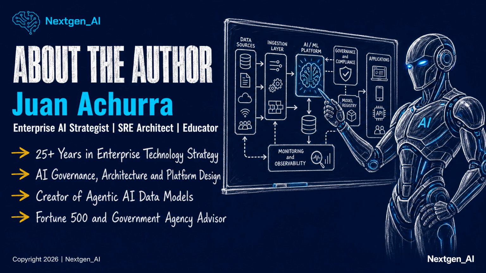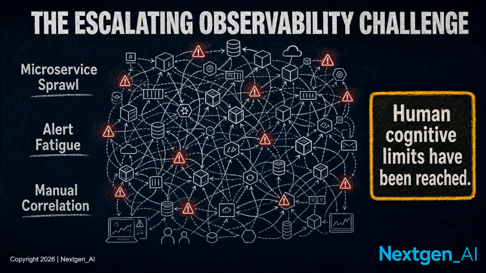Let's get started. For years, site reliability engineers have battled the relentless and ever-growing complexity of modern distributed systems. As architectures evolved from monolithic applications to microservices, serverless functions, and sprawling multi-cloud deployments, telemetry data exploded in volume, velocity, and variety.